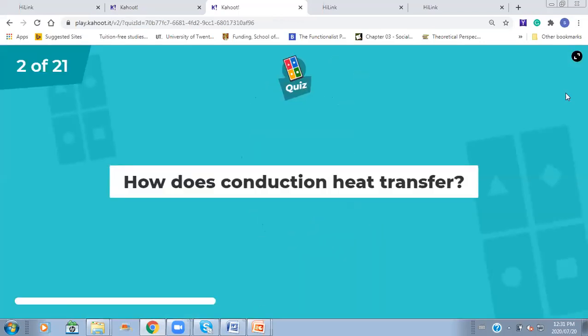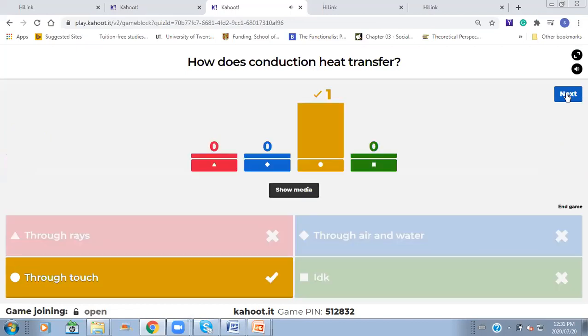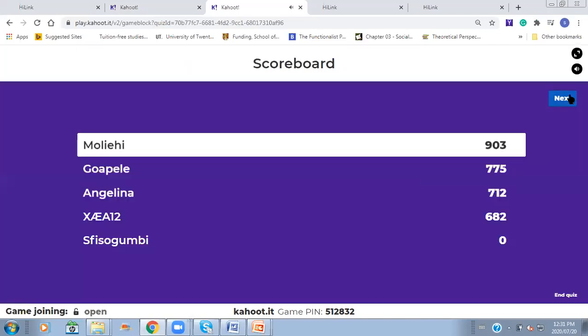How does conduction happen? Okay, through contact. Yes, there is only one person who got this one. Okay, and it's X12. Let's go to the next question.